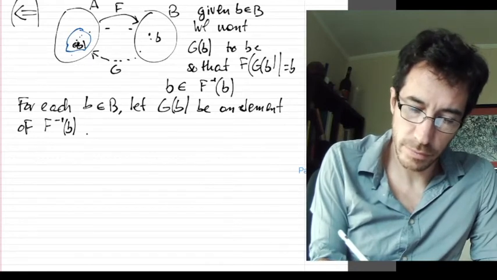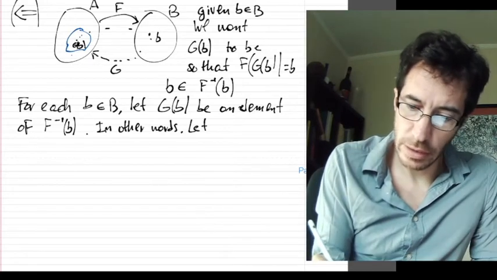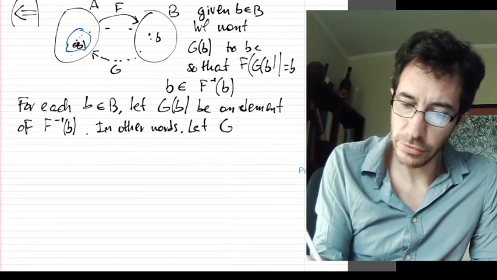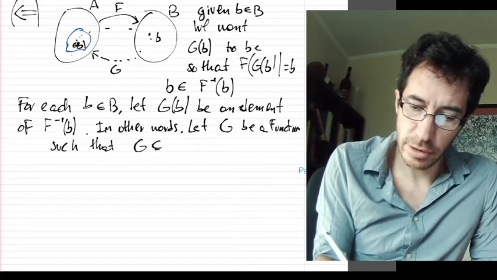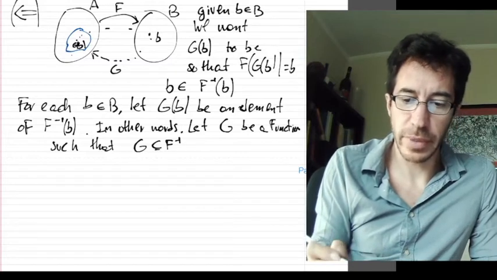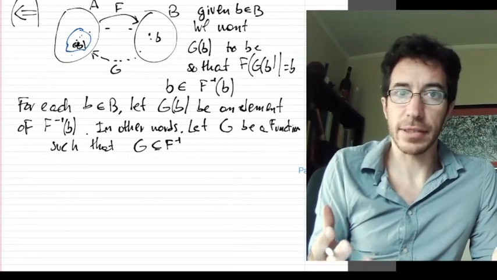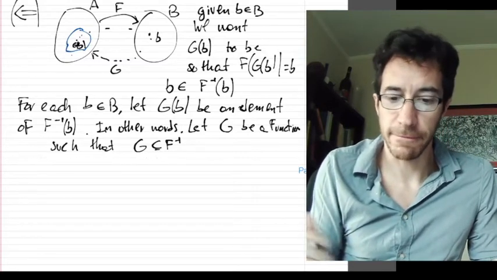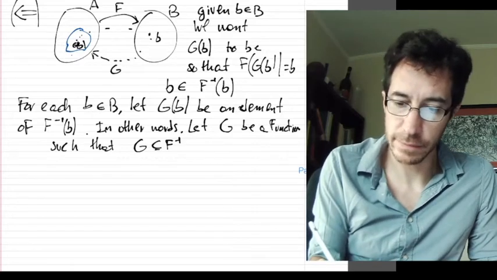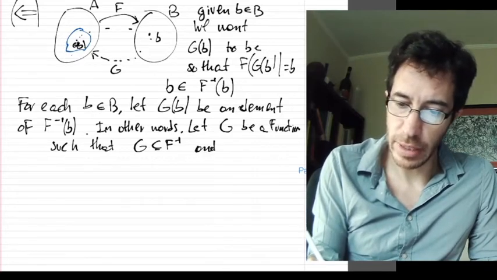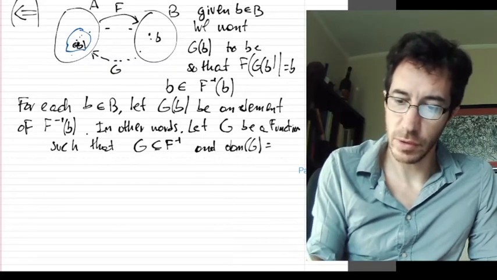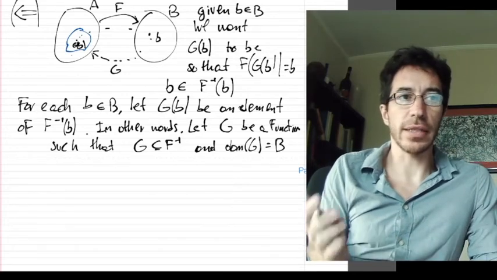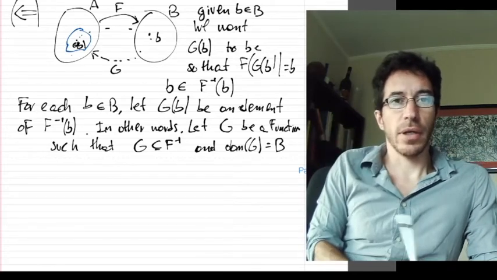Or in other words, let g be a function such that g is a subset of f inverse, g of b is an element of f inverse of b for every b, and the domain of g is B. Alright, so if we do that, then we get our inverse.